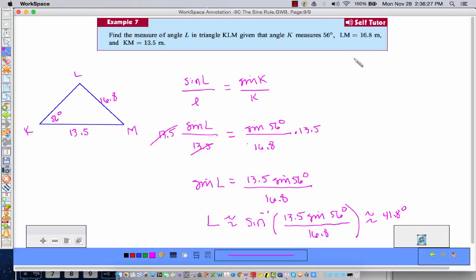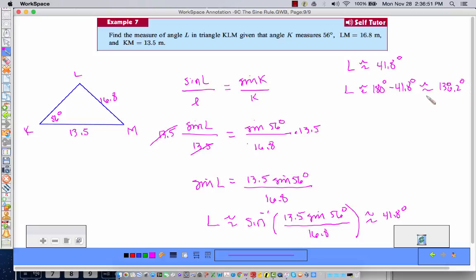And so I know that L is approximately equal to 41.8 degrees. Then to find my other one, L is approximately equal to 180 degrees minus 41.8 degrees, which gives me 138.2 degrees.